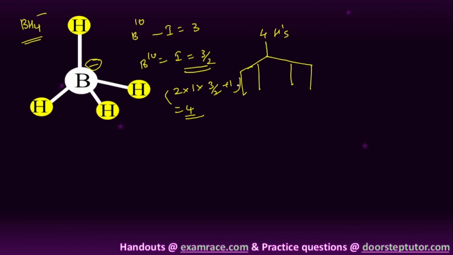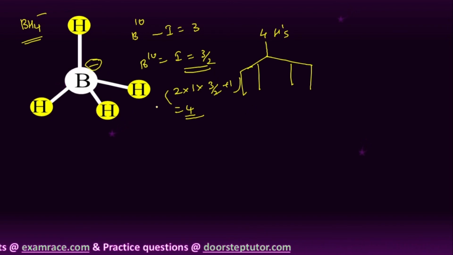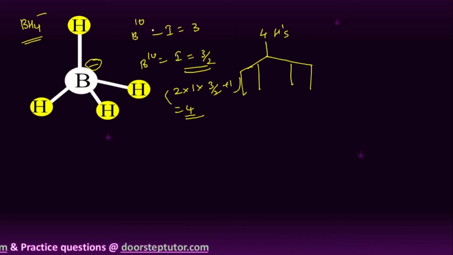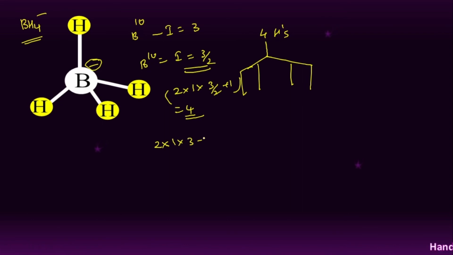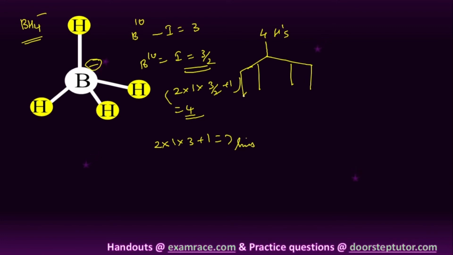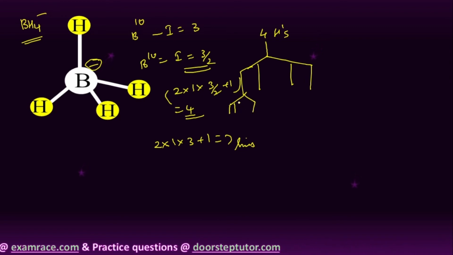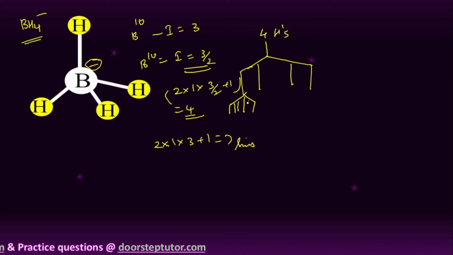These four lines are further split into a heptet due to the interaction of boron 10 also. So 2 into 1 into 3 plus 1, it gives 7 lines in the NMR spectrum. Each single line further splits into 7: 1 2 3 4 5 6 7.